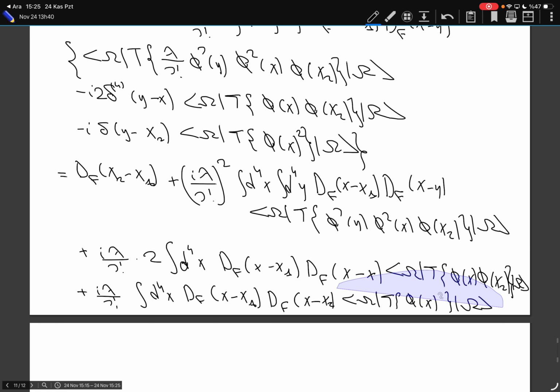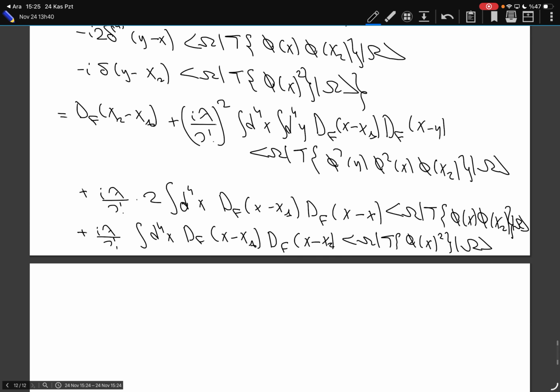And this is an exact 2-point function. So this is a relation that relates exact 2-point functions and exact 6-point functions. Now let's say that up to and including corrections of the order of λ.